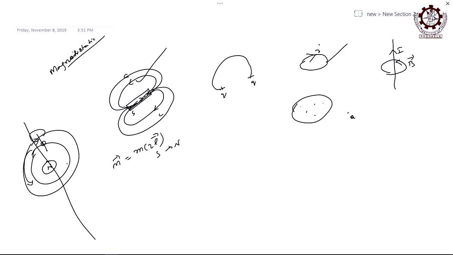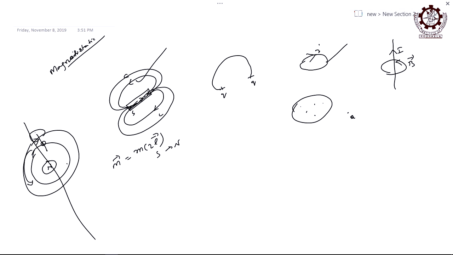The spin motion also constitutes a magnetic effect. Now, what is the total angular momentum? Spin plus orbital. Spin motion plus orbital motion constitute the total angular momentum. So, both spin and orbital motion are responsible for the magnetic field or magnetic current due to their motion.